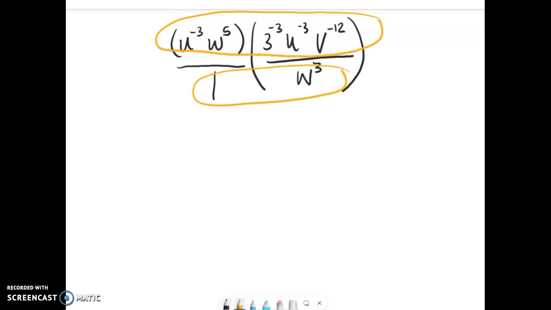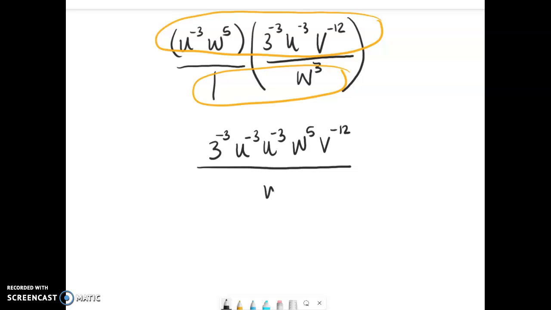So I'm just going to rewrite everything and start combining. The first one here, u to the negative 3, and then I have u to the negative 3 here. So I just combine them next to each other. And then I have w to the 5th power, and I have v to the negative 12. And then in the denominator, I just have w cubed.